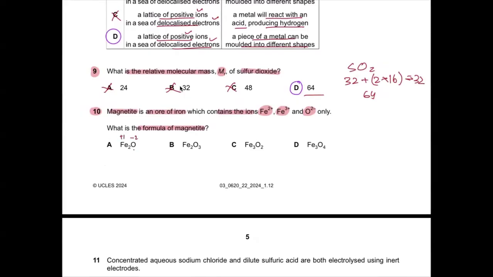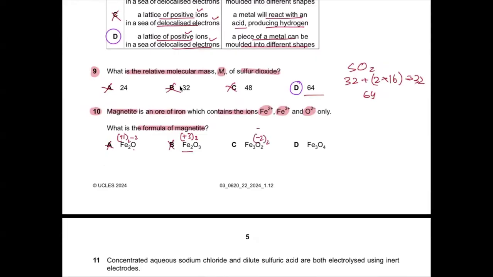So it means that there are two, each has a -1, so it goes wrong. In this, each iron is +2, not both +2 and +3. Both are not present. So it goes wrong.